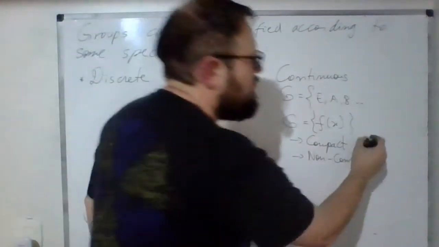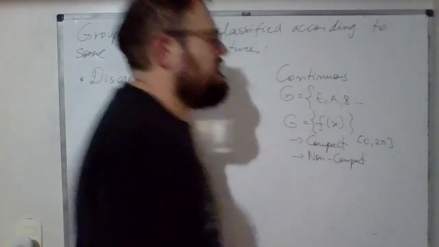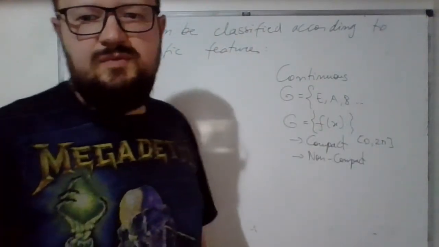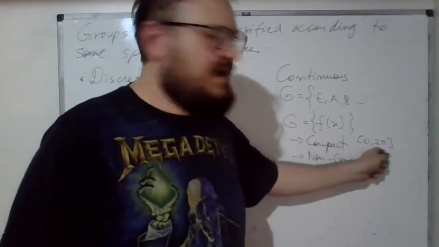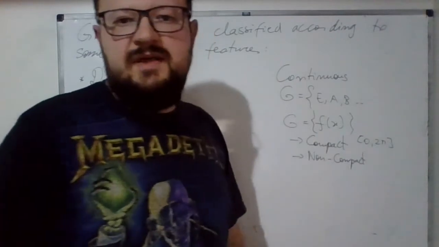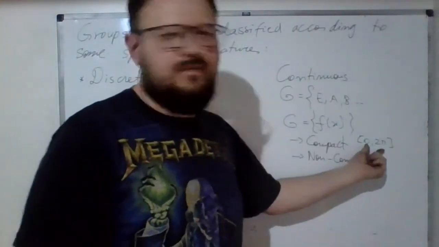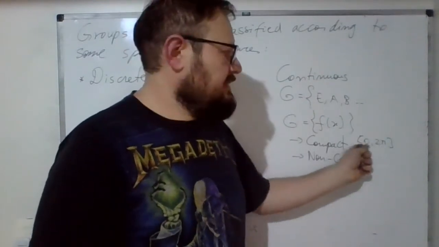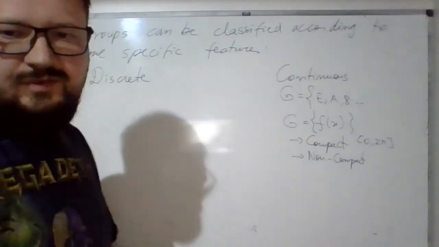So for instance, from 0 to 2 pi, if it is associated with an angle of rotation, any value of angle greater than 2 pi can be related to some other value in this range from 0 to 2 pi.